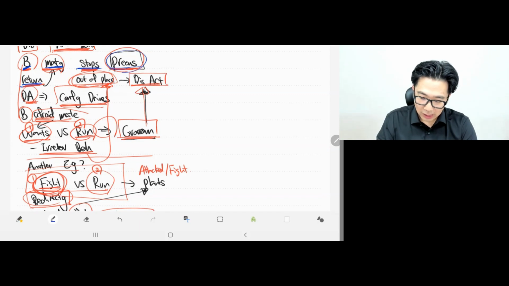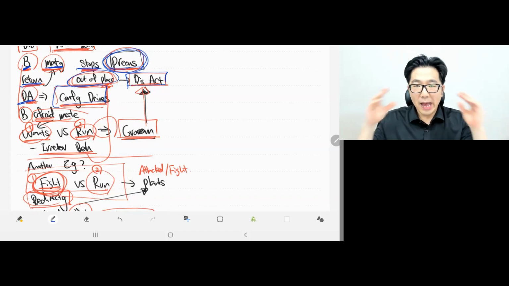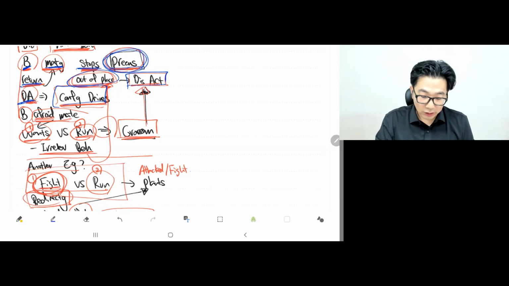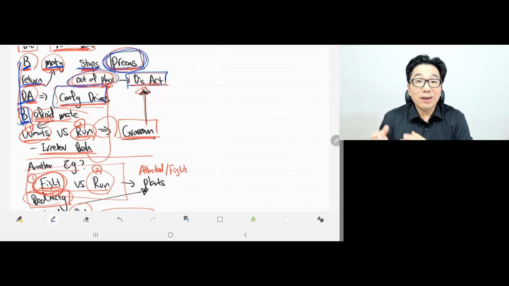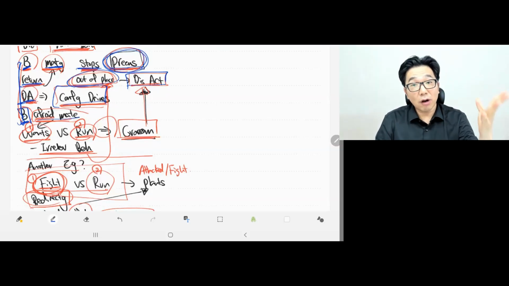So this action of preening is completely out of place, right? So this action is called displacement activity. Okay, so displacement activity happens when an animal has 2 conflicting drives, right? So to explain, for example, the same bird was maybe afraid of its mate that he was mating with, then the bird will have 2 drives, right?